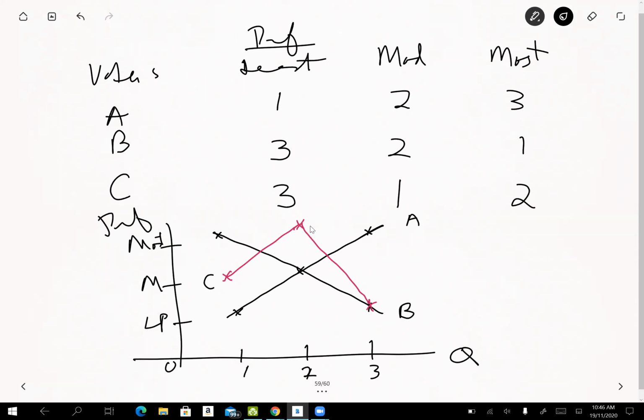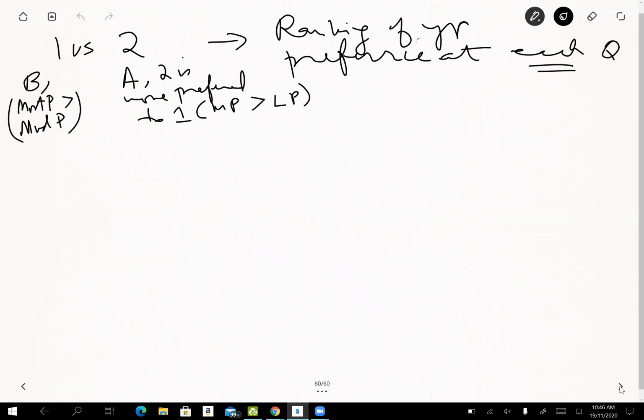C will vote for 2, because 2 is his most preferred outcome, which is better than 1, which is moderately preferred.